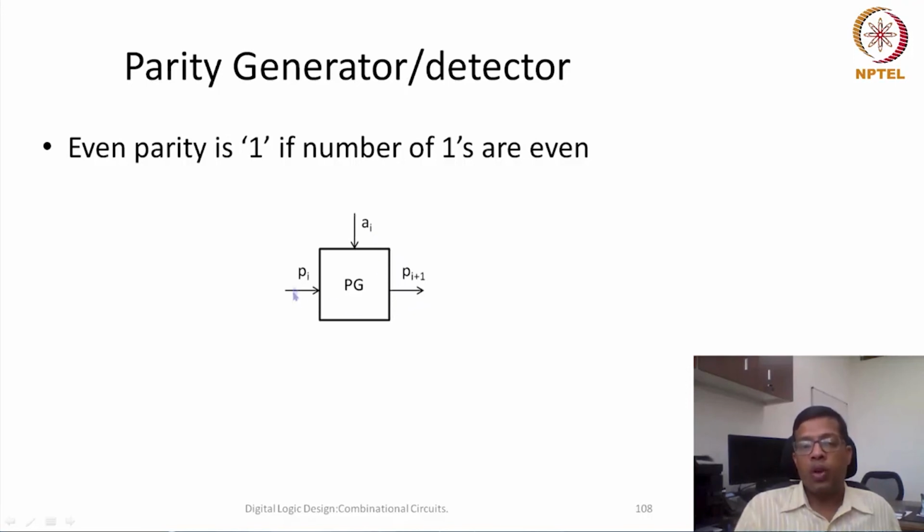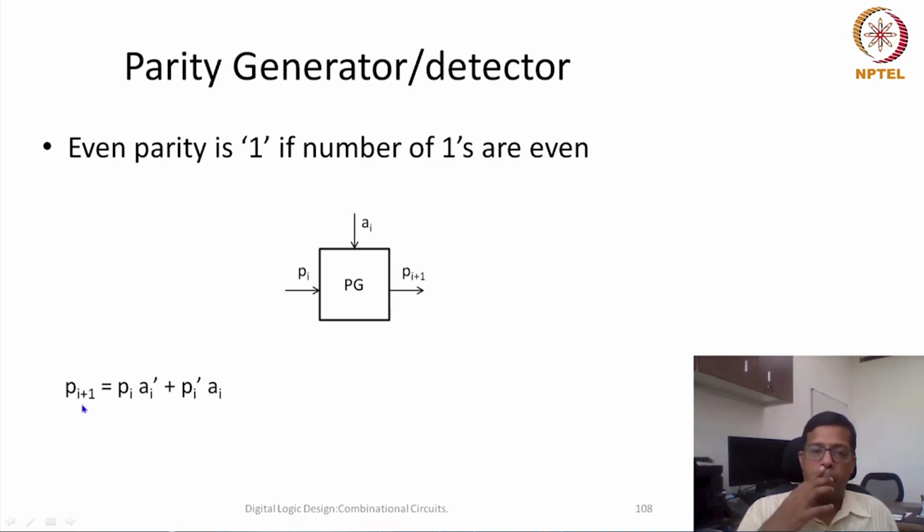Similarly, if all of them were odd and this ai is 1, then I can say my final output would be 1. So in other words, if the previous parity was 1 and my current input is 0, then my output is 1. Or if the previous parity was 0 and the current input is 1, then also I'll have this even parity.